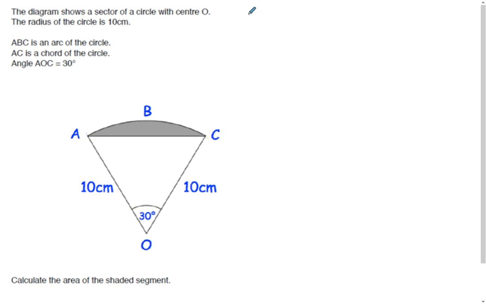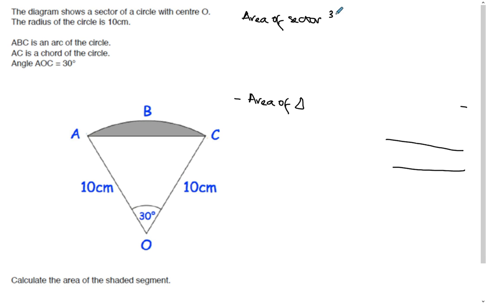So let's prepare. We've got the area of the sector minus the area of the triangle. Once we've calculated, then we're prepared. So the area of the sector: what fraction of the circle is it?